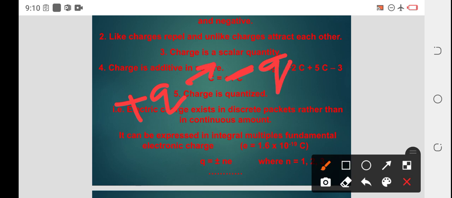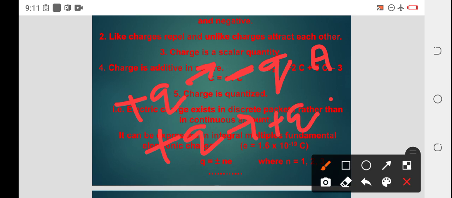Positive and negative will be attracted. Positive charge and positive charge will be repelled. This is about like charges and unlike charges. Unlike charges attract, like charges repel.